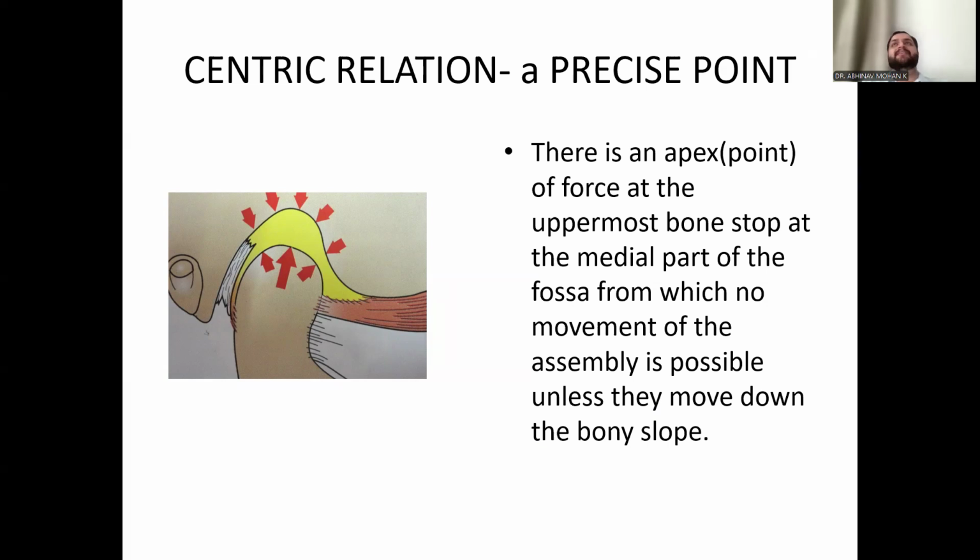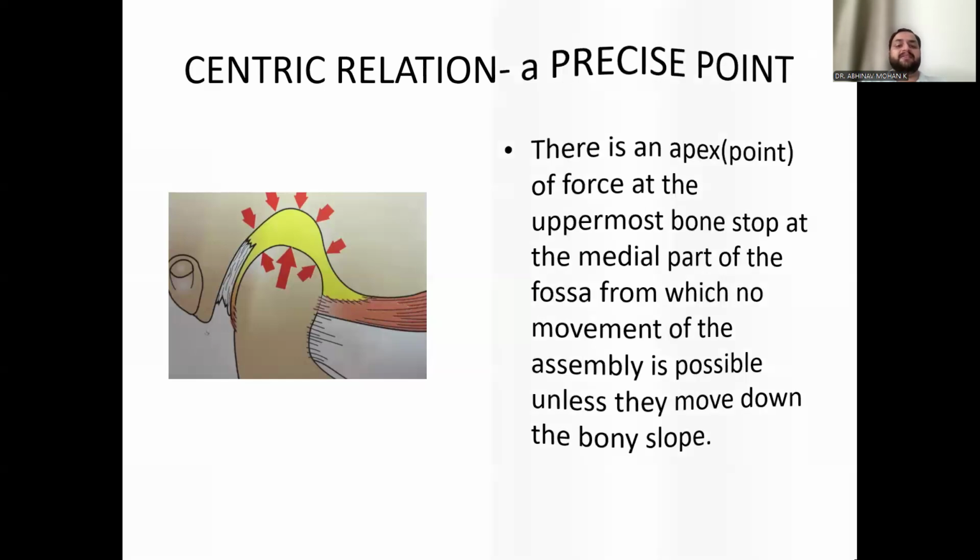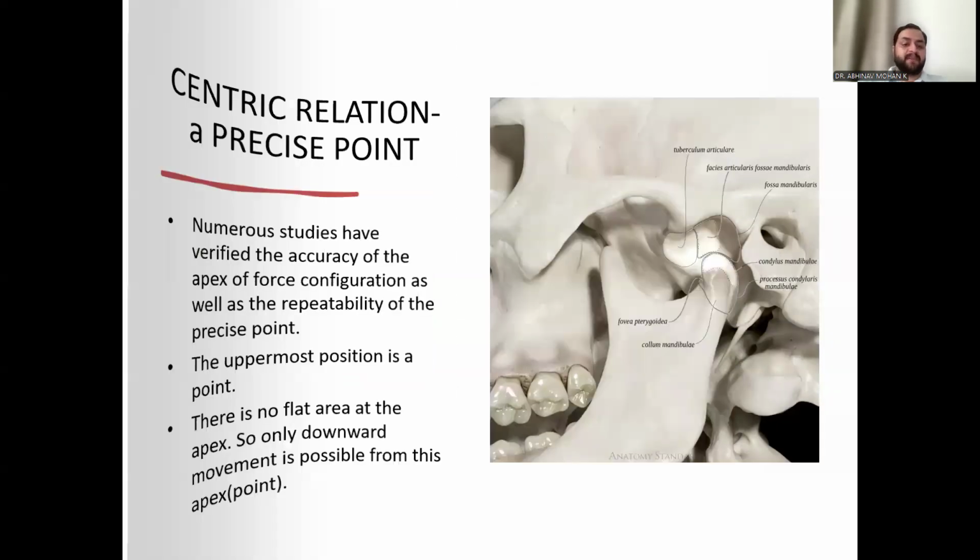This is the precise point where it goes and stays, where you can apply a lot of pressure, and where it can be reproduced repeatedly, a number of times. That is more important, and that is why you have this centric relation joint.